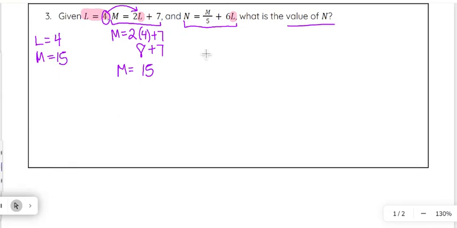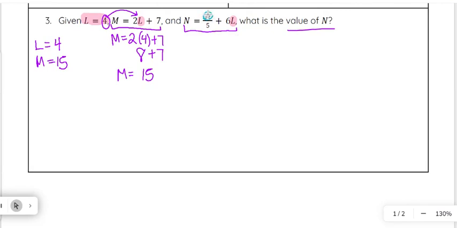Now again, we can come to this third equation, and right here where this m is, we can plug in 15 for that m. And then right here where this L is, we can replace that L with 4. So this is 6 times 4. So we have n equals 15 over 5 plus 6 times 4.